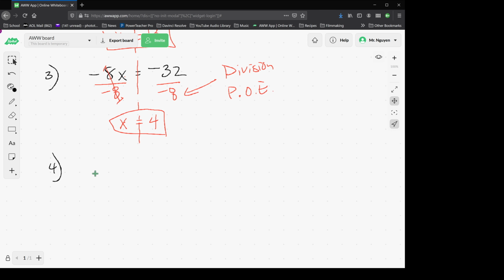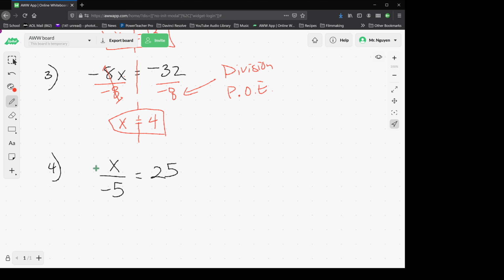I'm just rapidly scrolling through the different things that we have done, just as a reminder of how you do these. So let's say we have x divided by negative 5 is equal to, I don't know, 25. Now, if you don't know how to solve this, you may be tempted to divide by negative 5 on both sides, but you'll be wrong.